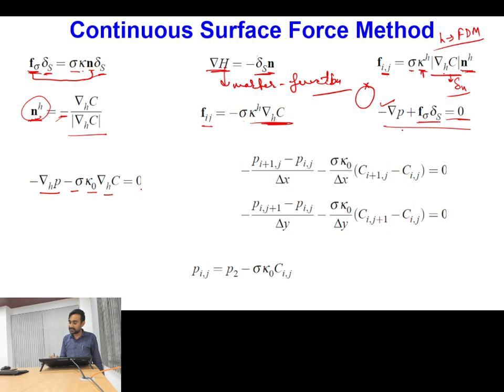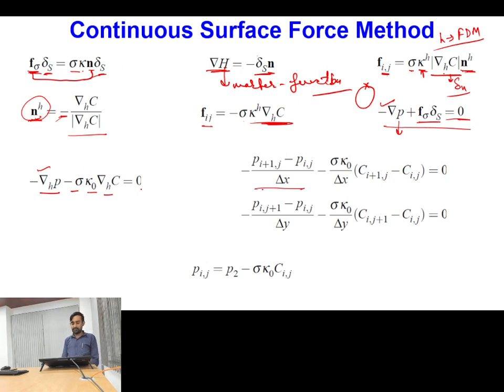I am considering the pressure which I am using over here. This is the modified value of the pressure which is already including the body force component. When we write modified pressure, what we do is P minus rho GH, so that is already included. If you use this type of formulation, then you can easily discretize this equation, this gradient.